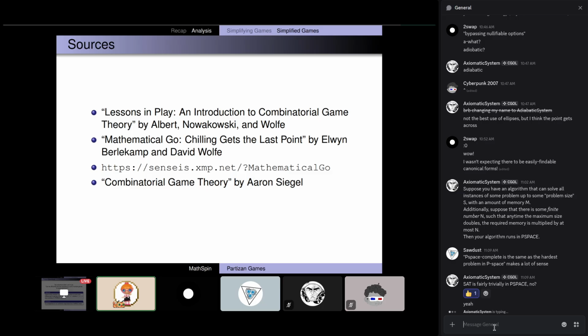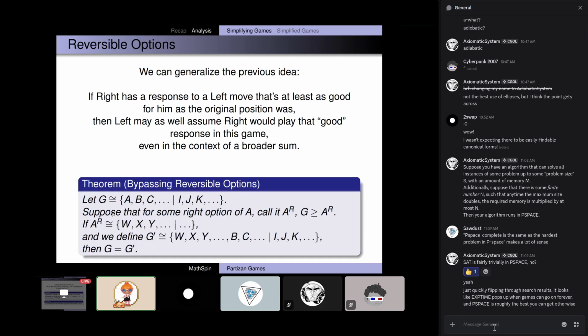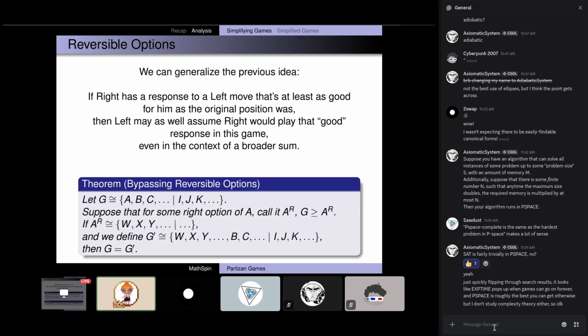Sure. When I say "in some broader sum," I probably said that multiple times. The point is that our definitions of inequality and our definitions of game being equal are about G plus X versus H plus X for all games X. So when I say G equals G prime in this bypassing reversible options theorem, that doesn't mean G and G prime have the same outcome.